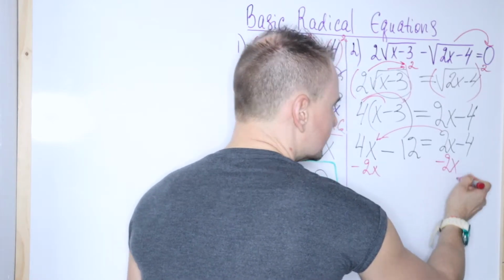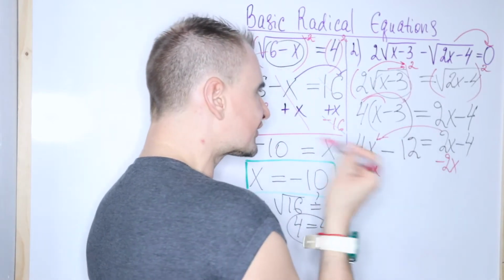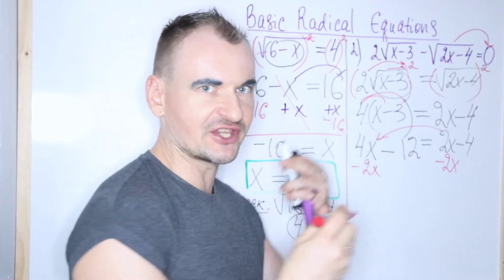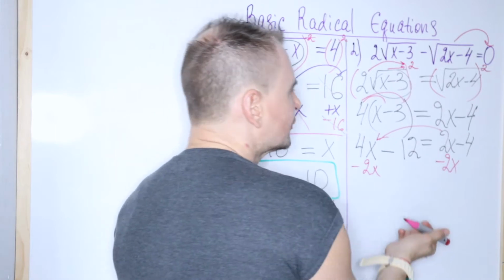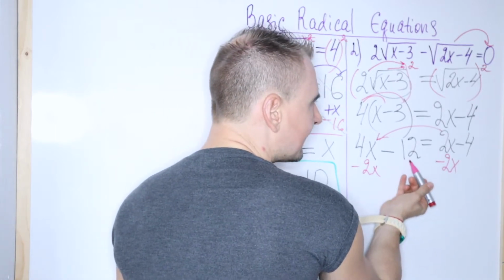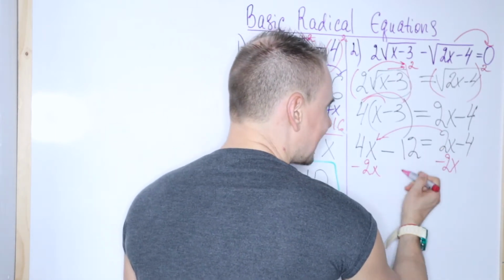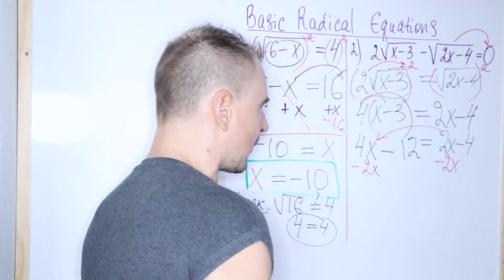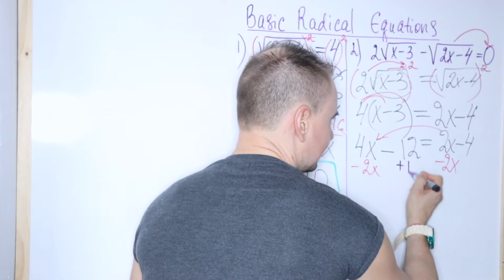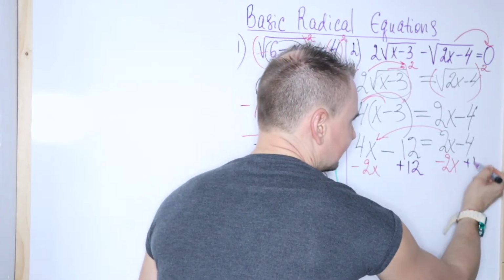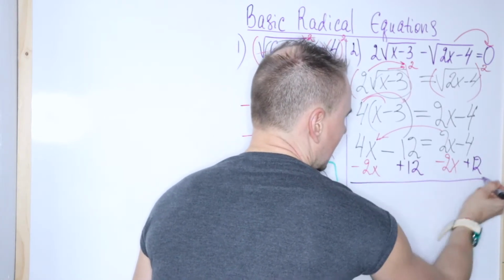So we do the opposite. Keep in mind that addition and subtraction undo each other, they are opposite operations, they are inverses. And also I want to bring this negative 12 to the right side by adding 12 to both sides of your equation. So add 12 to the left side, add 12 to the right side.